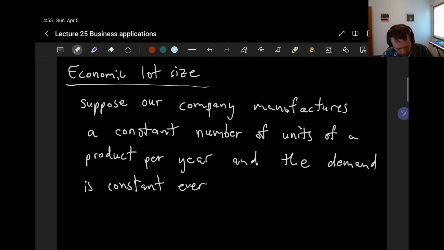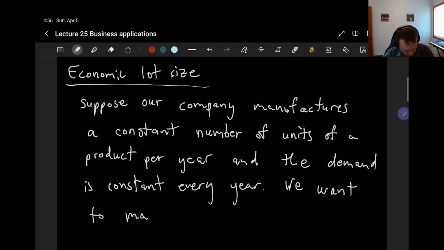But we're also thinking in terms of years. Another assumption we're adding. So we want to manufacture these equal batches.